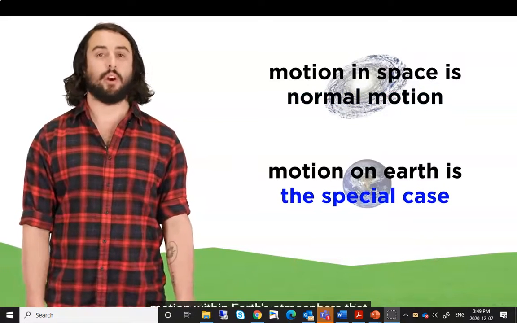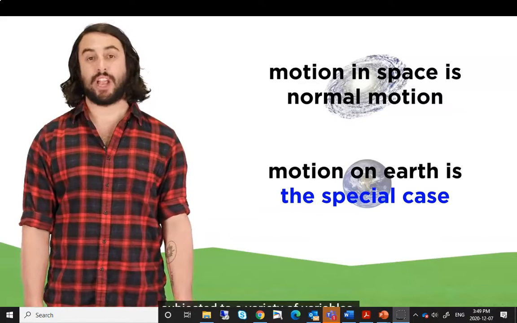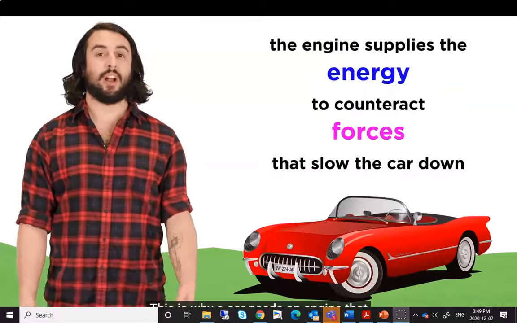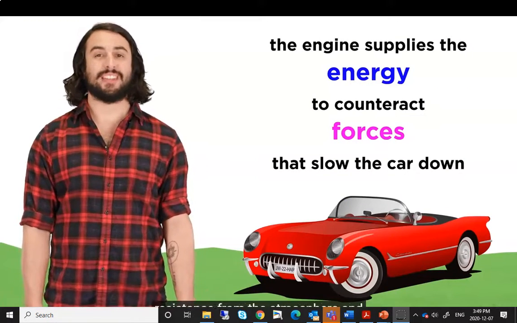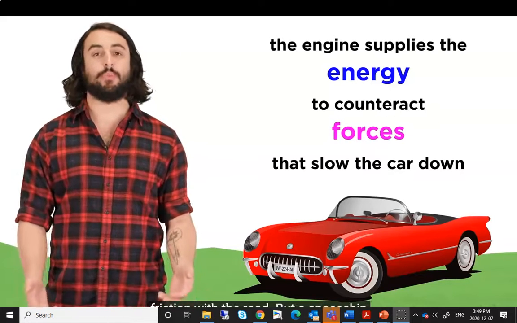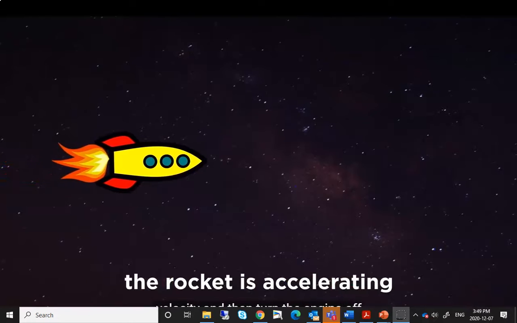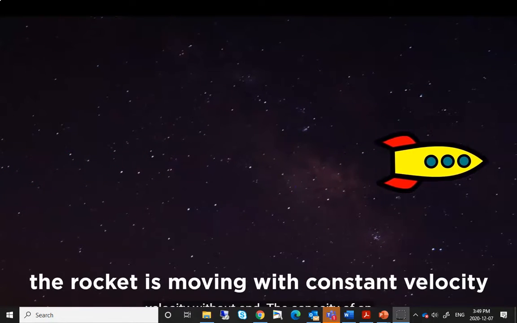It is motion within Earth's atmosphere that is the special case, where objects are subjected to a variety of variables. This is why a car needs an engine that is always running, because there is resistance from the atmosphere and friction with the road. But a spaceship can just accelerate to a certain velocity and then turn the engine off, and it will cruise at that final velocity without end.